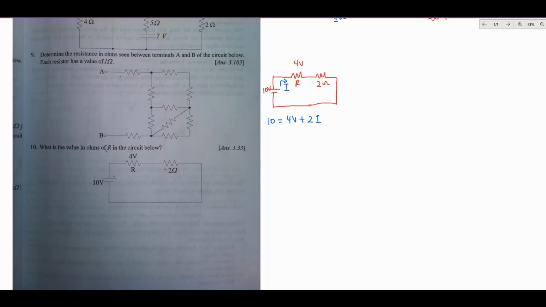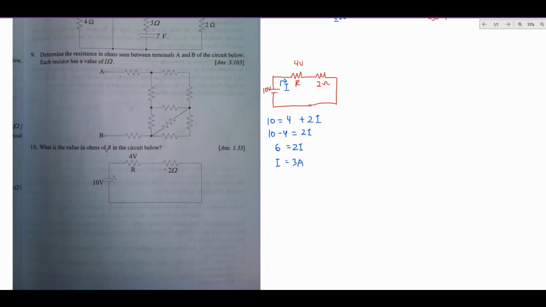The V there means volts, so let me take it off. So I'm going to have 10 equals 4 plus 2I, so let's find I. 10 minus 4 equals 2I, so 6 equals 2I, and then I is equal to 3 amperes.